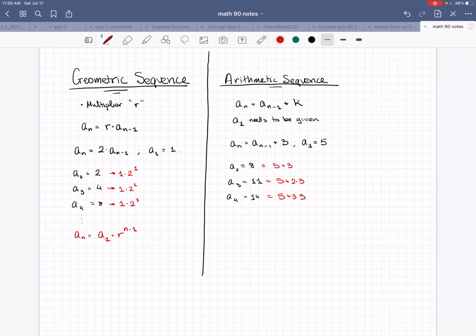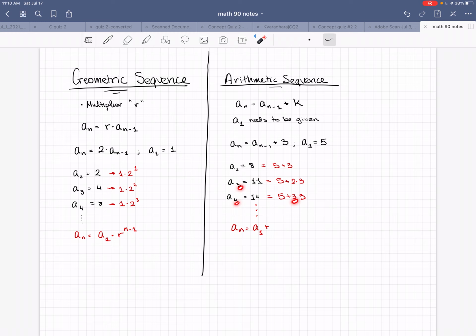So since each time you're adding on another 3, what we're seeing is that in fact, a sub n is the first term plus, and notice the same thing, right? When we look at the fourth term, we're adding on 3 times 3.